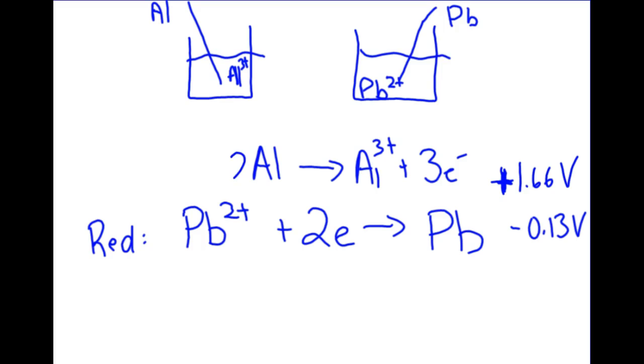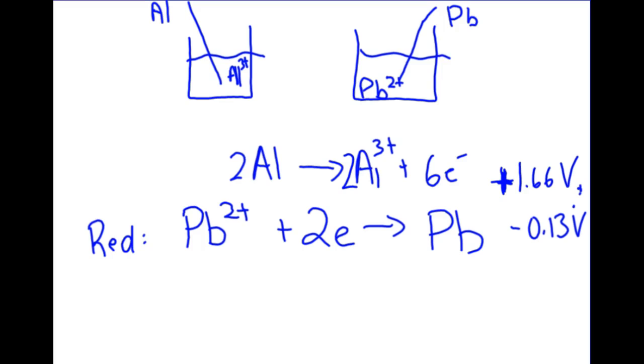So 2, 2. This is going to become 6. Do not change this number back here. Do not change the voltage. Even if you multiply the rest of the equation, don't change the voltage.